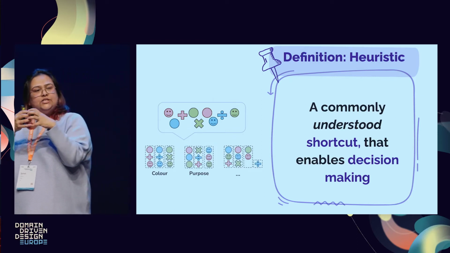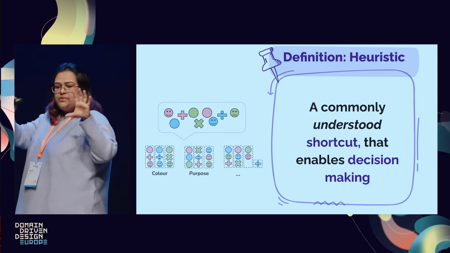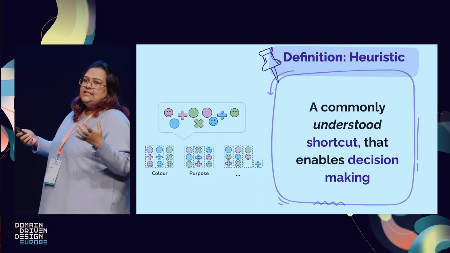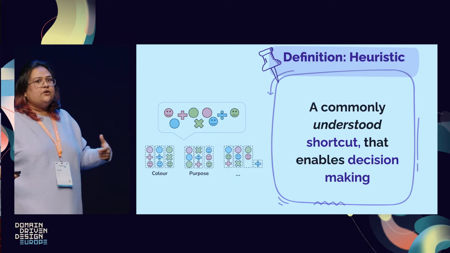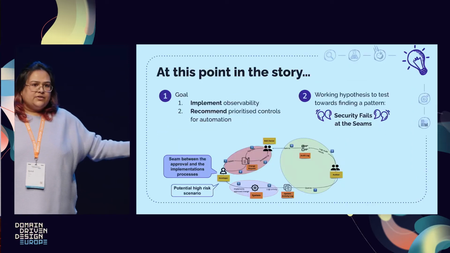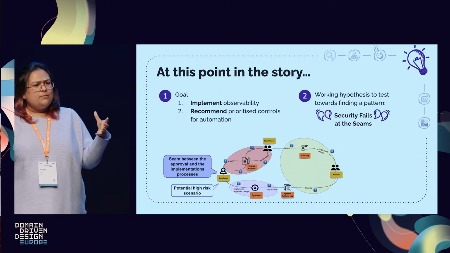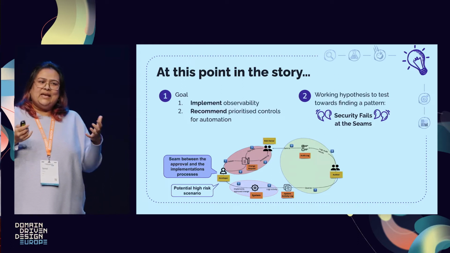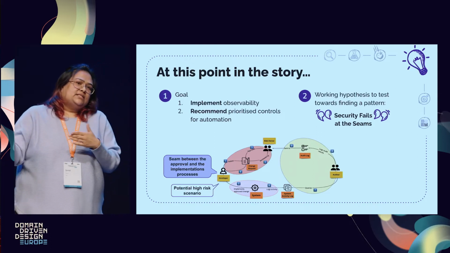Now, the shortcut that you use for making that decision on how to group these objects is essentially a heuristic. So when we're talking about heuristics in order to prove this hypothesis, we're really thinking of shortcuts which are commonly understood, and they make sense to people around, and that enable decision-making.